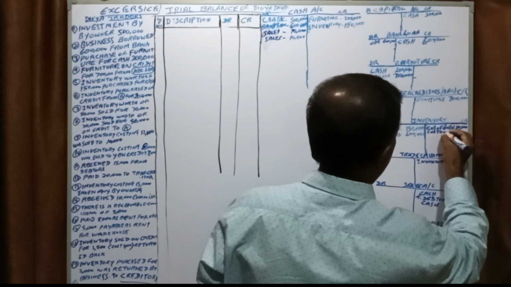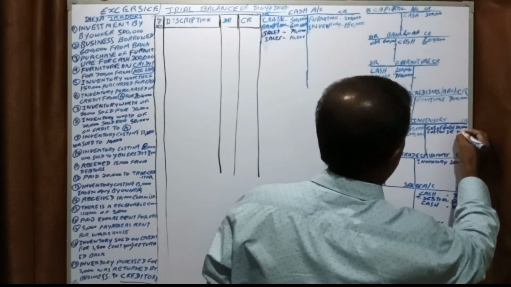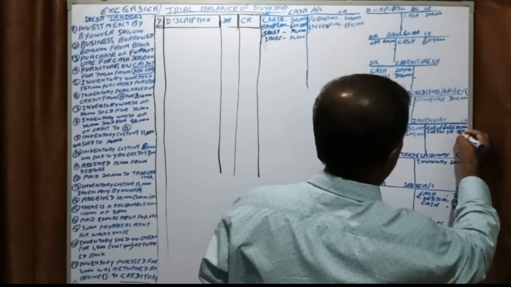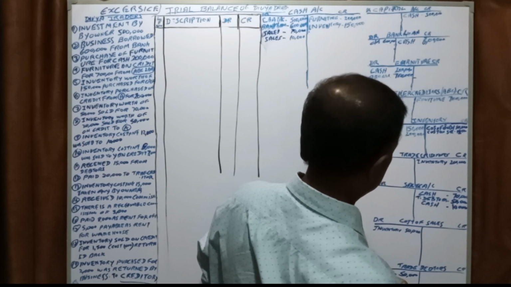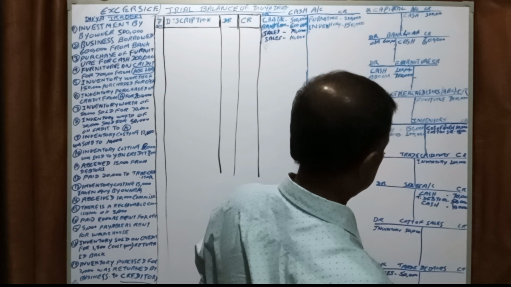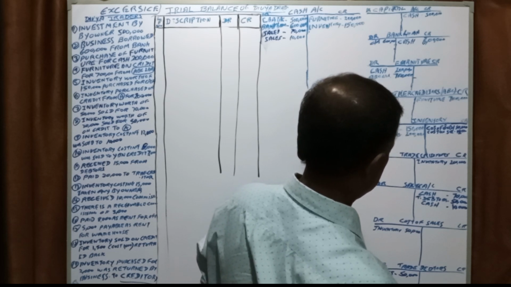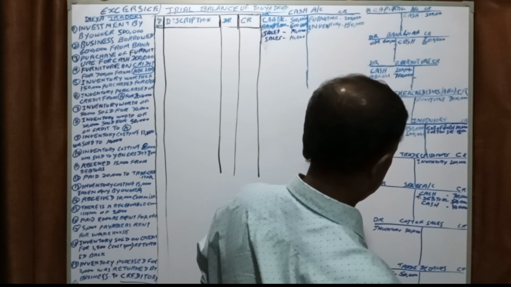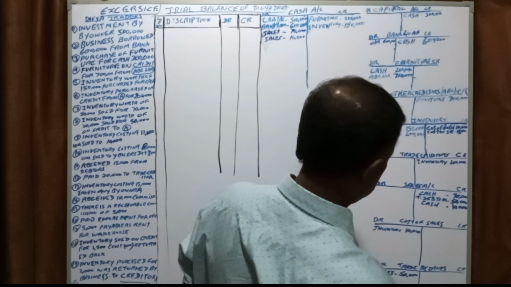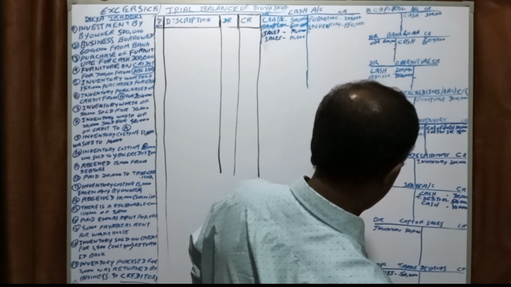Cost of sales 12,000, right? Cost of sales 12,000 has to be removed from inventory.